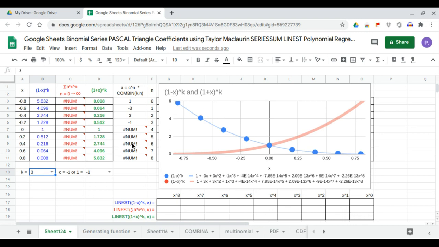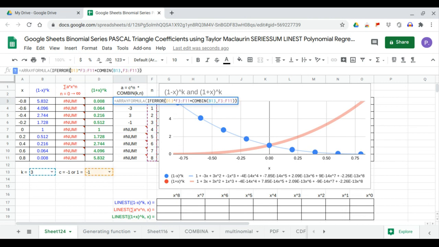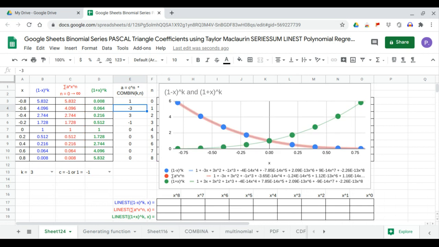This should be 0. So we have to correct this. So this is if error, then 0, otherwise calculate. Now it's corrected.